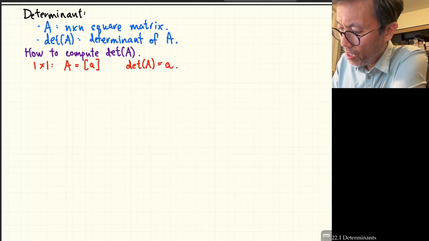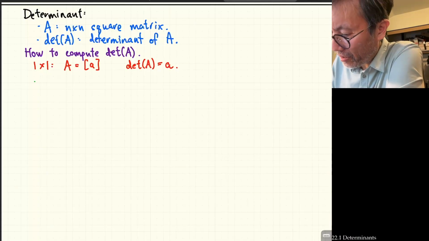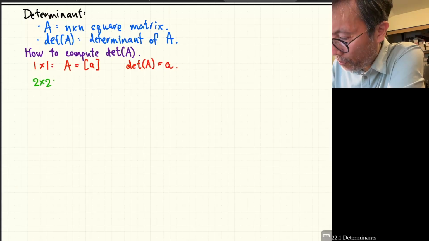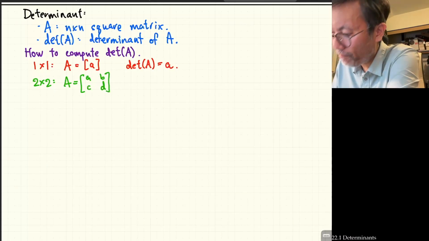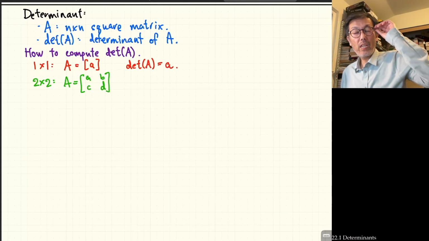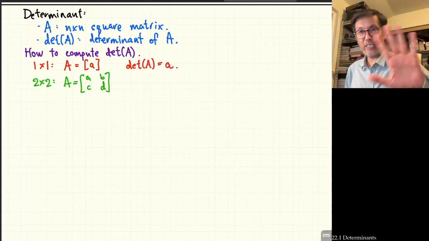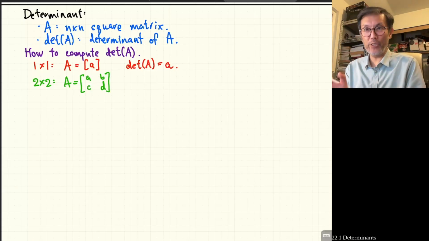Cool. The 2 by 2 case is slightly more complicated, but still pretty friendly. In this case, A has 4 entries, which I'll call A, B, C, and D. The determinant of A, and you're just going to accept this, and we're going to take this almost like a definition.